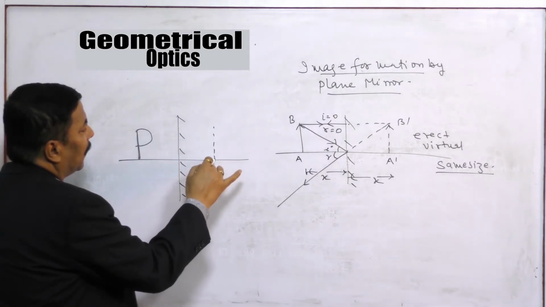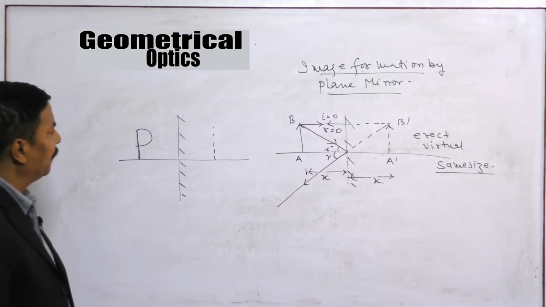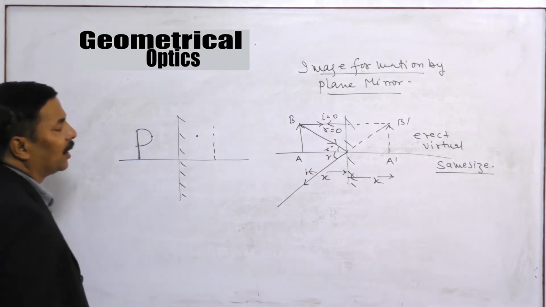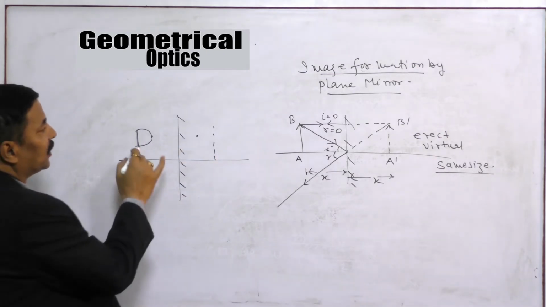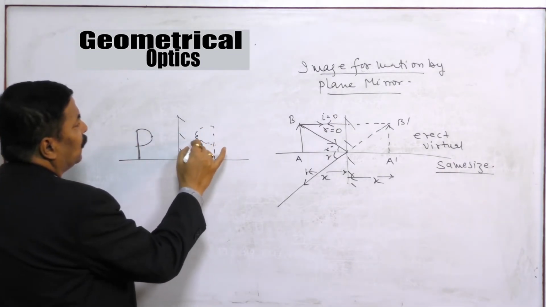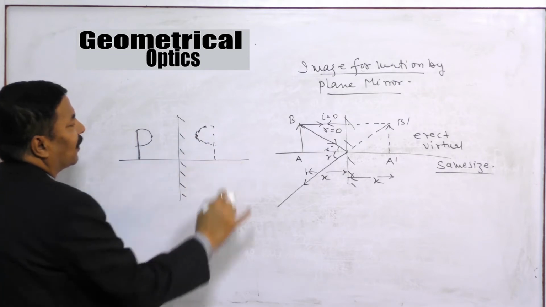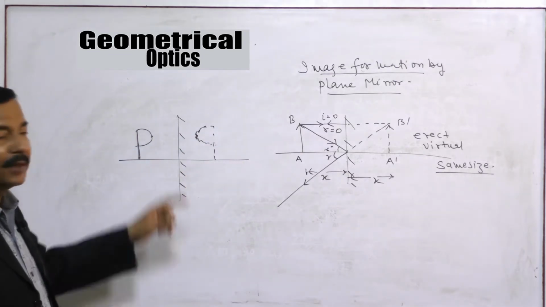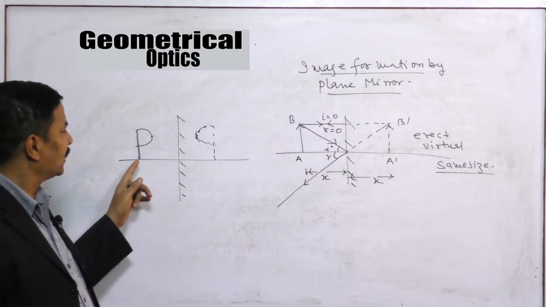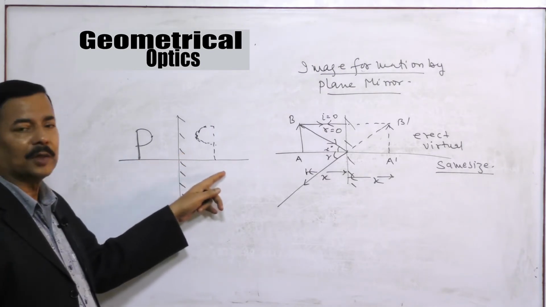Here will be the image. This point is nearest point, so here it will be the nearest point. Object distance is equal to image distance, and then it will be in this way. This phenomenon is called lateral inversion. Laterally inverted image is there.